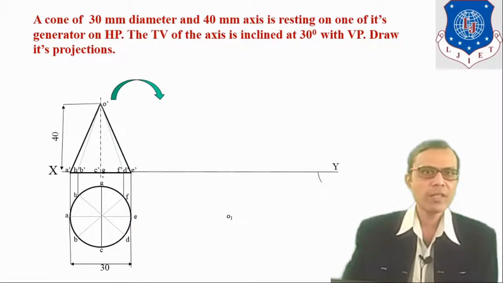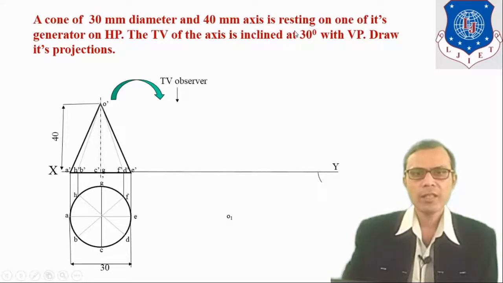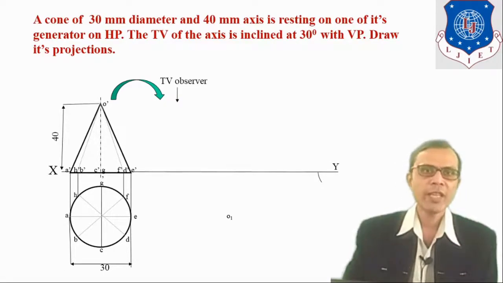So the first stage, two steps, we have completed. Now for the second stage, the given condition is that it is resting on one of its generators on HP. So here you can see it is a generator OE in front view. O dash E dash is the generator on which it may be resting on HP.